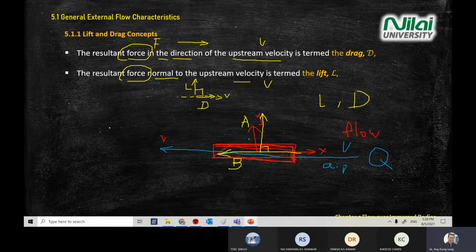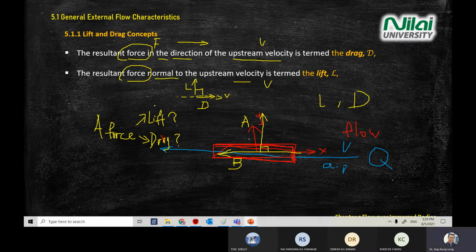Cool. What is force A? Is force A a drag or is it a lift according to this scenario? Which one?